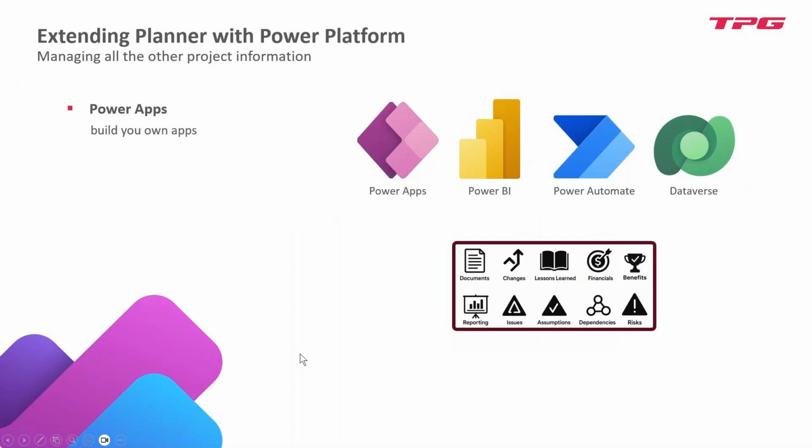I make no assumptions about how much you know about Power Platform. So I'm going to give you the very high level view. It's made up of a number of capabilities. First one is Power Apps, allows you to build your own apps. And then Power BI, which I'm sure most of you have used, it's been around for like 10 plus years now, easily.